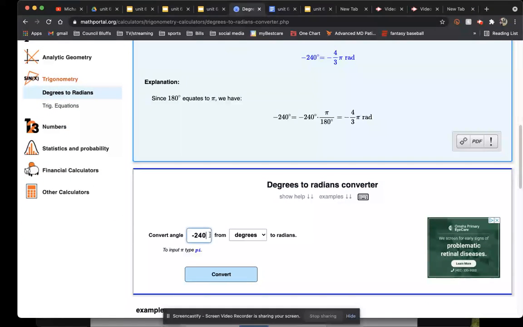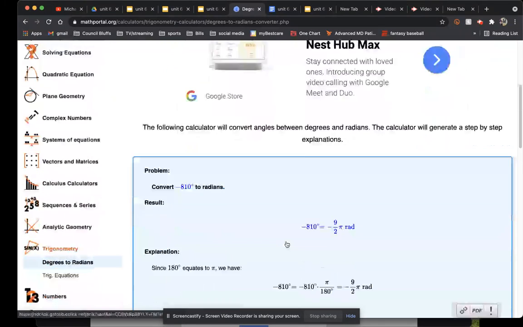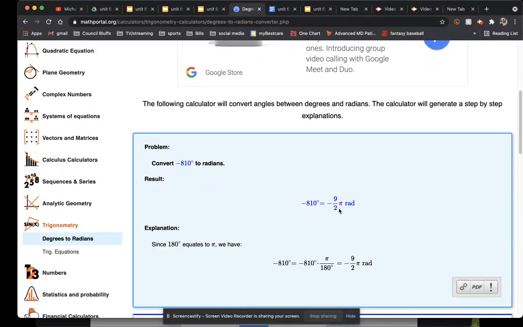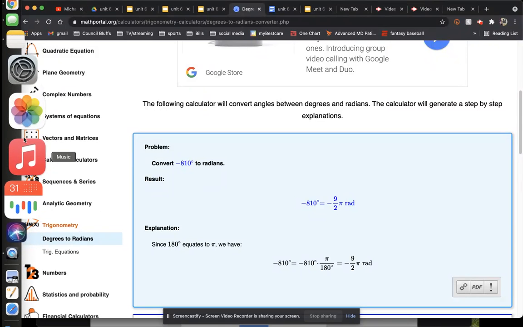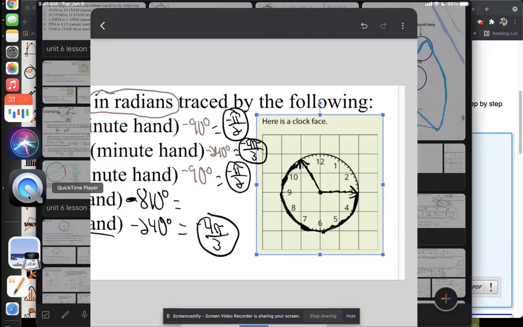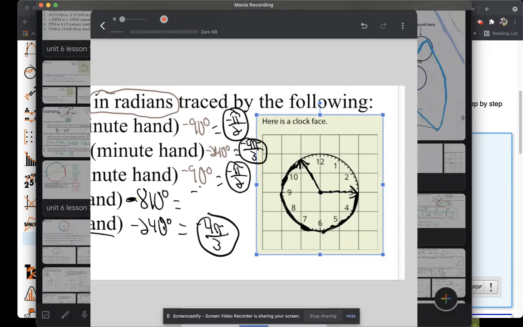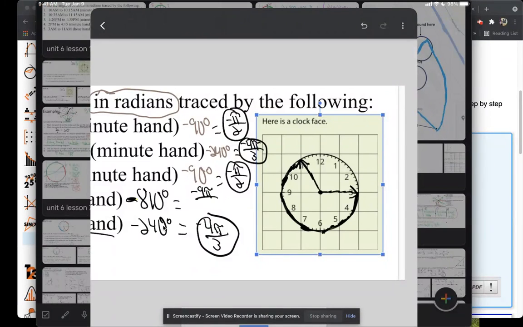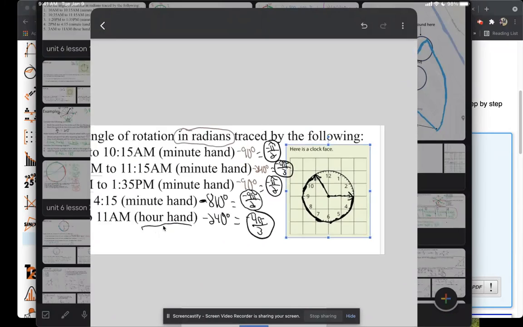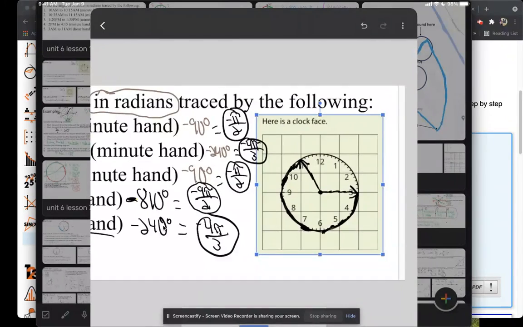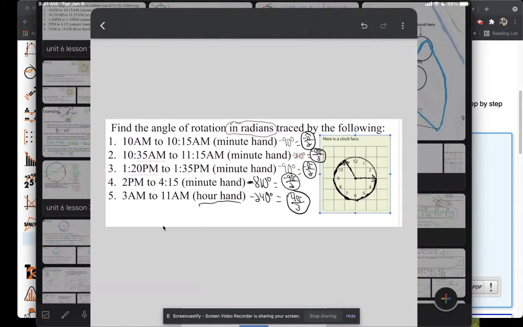Converting negative 810 degrees to radians gives negative 9 pi over 2. So those are your answers to all of the questions in our examples. And that is it for lesson 12.